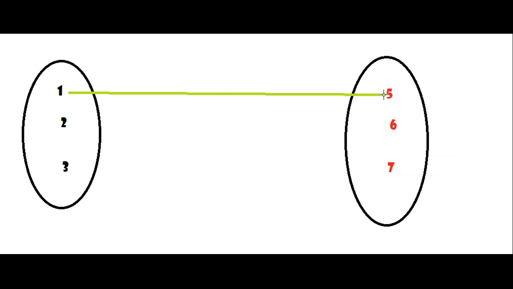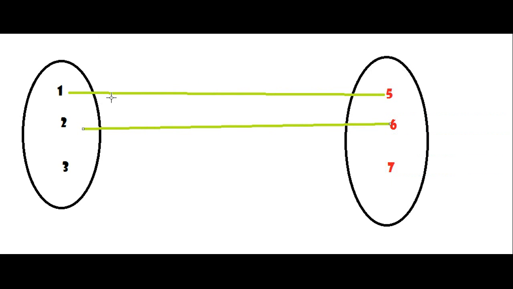On the other hand, let us see another figure. Okay, so I draw another figure quickly. This is 1, 2, 3 and 5, 6, and 7. 1 goes to 5, that means 1 is liking 5, 2 is liking 6.